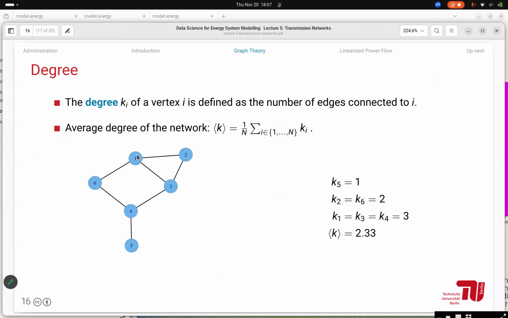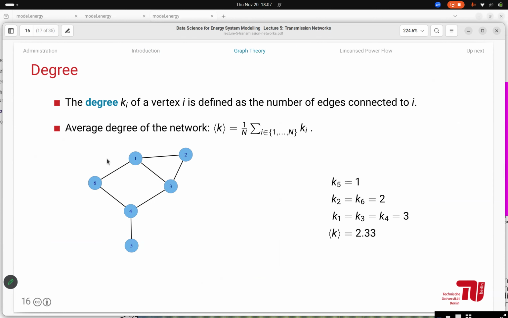The degree of a node would tell you how many edges are connected to it. So for example, for this node 3, we have 3 edges connected. So the degree of this vertex is 3. The degree of the node 5 would be 1 because it's only one connection. Of 6 would be 2 because there are only 2 connections.